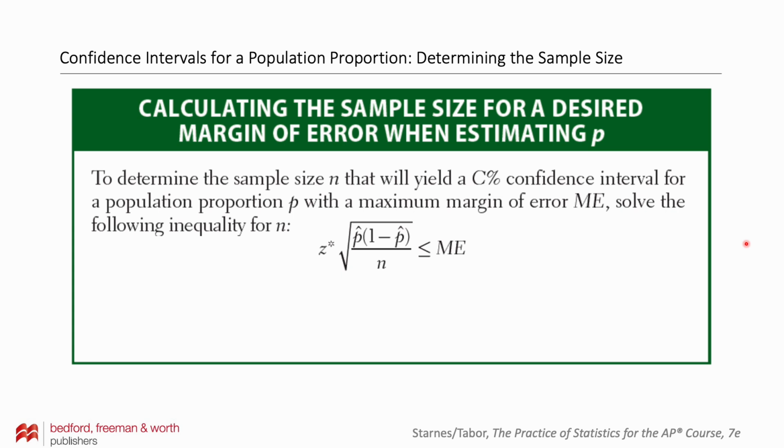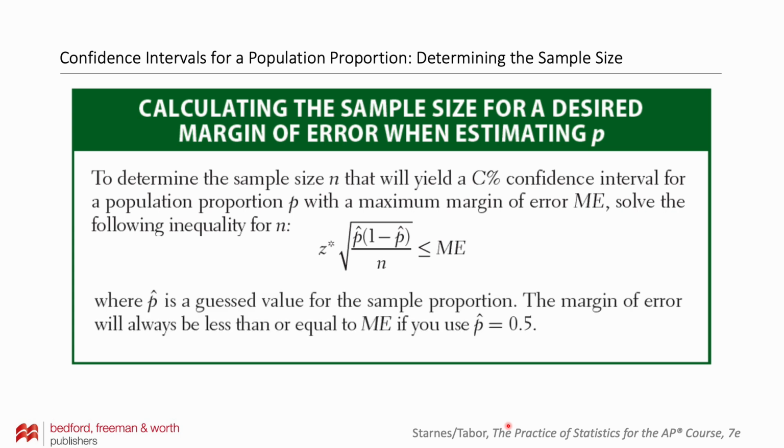P hat is a guess value for the sample proportion if it's not given to us. And if it's not given to us, we're going to use p hat to be 0.5. So notice that this is what the margin of error actually equals. So if we're trying to find out the sample size, for this, we would use this inequality.